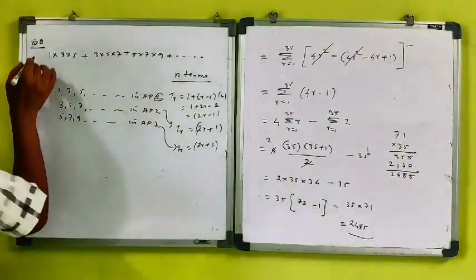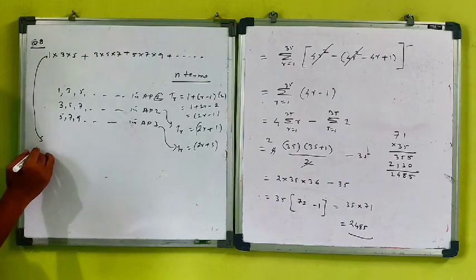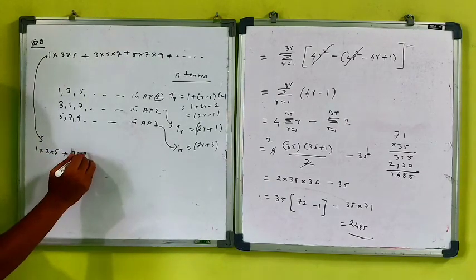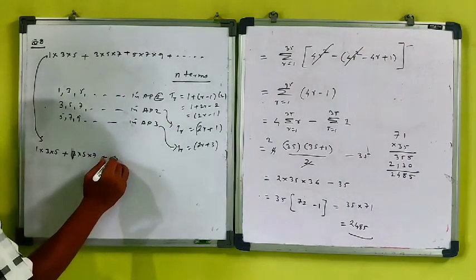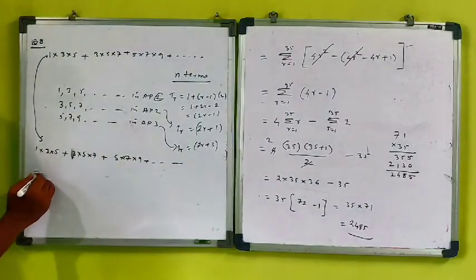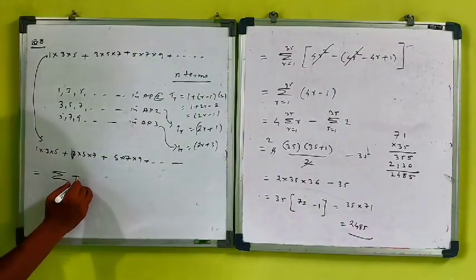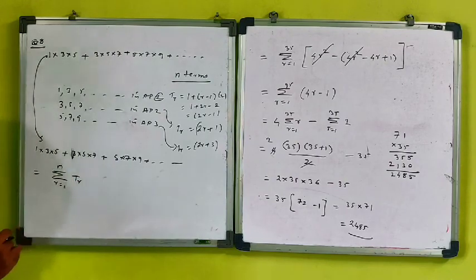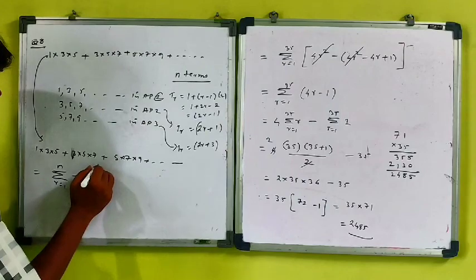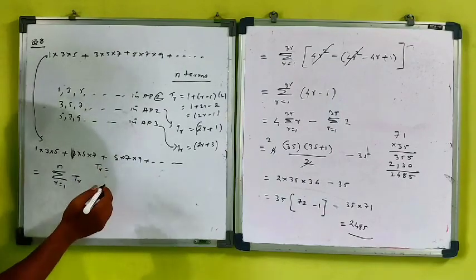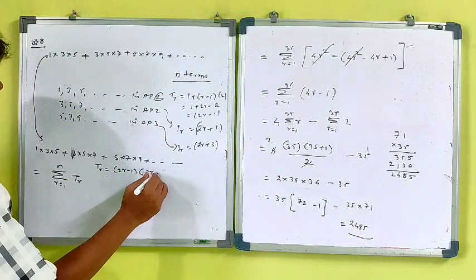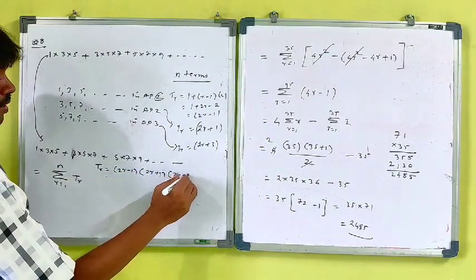Like this. So that means this sequence, 1 into 3 into 5 plus 3 into 5 into 7 plus 5 into 7 into 9 up to n terms, can be written as sigma of Tr, r from 1 to n, and the rth term for this is nothing but (2r minus 1)(2r plus 1)(2r plus 3).